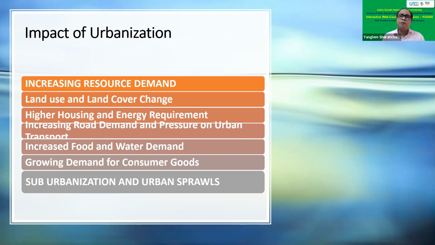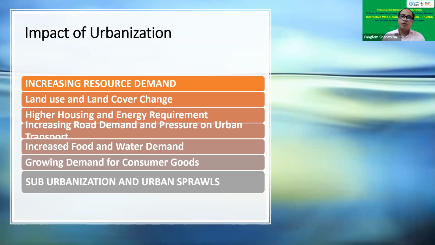Then what are the impacts? Today we are going to discuss them. We know them, but we are trying to bring them to mind. When the density of population increases, for example in a particular small city, or when outsiders come in, whatever the factor, if the urban pull is happening, then population density will increase.